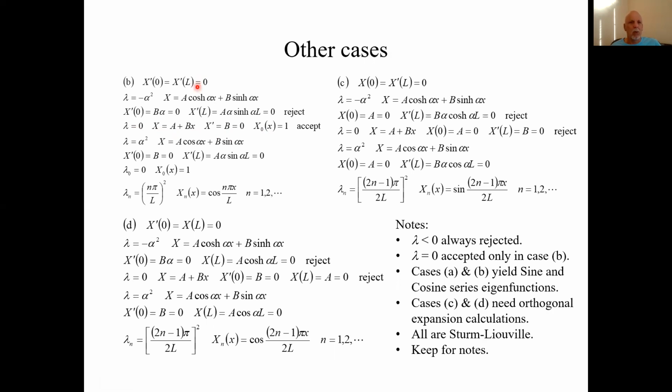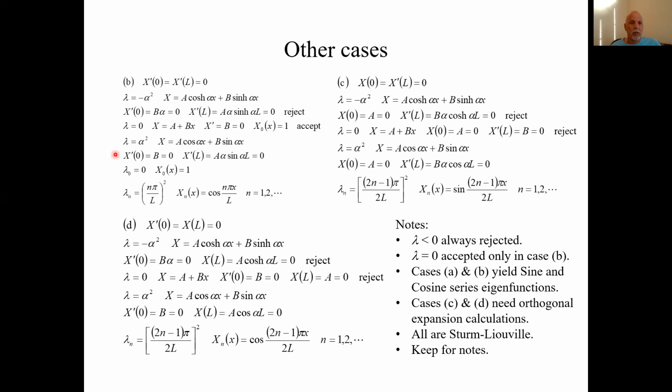No matter what x is, the derivative is 0. So we don't have to take the trivial solution. It's just a constant, so that is one eigenvalue. We'll just set the constant to 1 here, and we'll accept that. So that's a case where lambda equals 0 is not rejected.